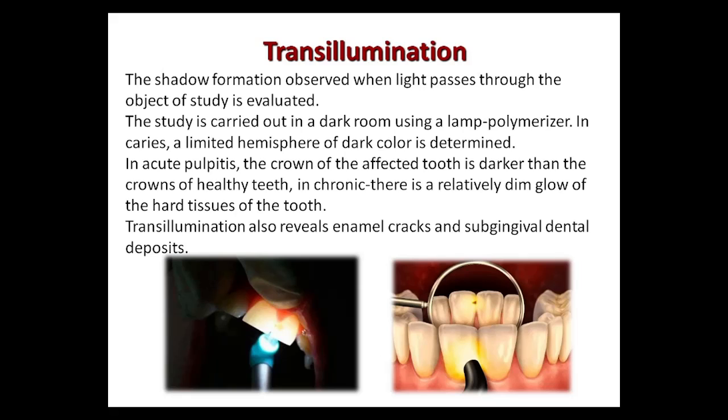In acute pulpitis, the crown of the affected tooth is darker than the crown of healthy teeth. In chronic, there is a relatively dim glow of the hard tissue of the tooth. Trans-illumination also reveals enamel cracks and subgingival dental deposits. You can see the lamp, light for polymerization, and we can see the shadow.